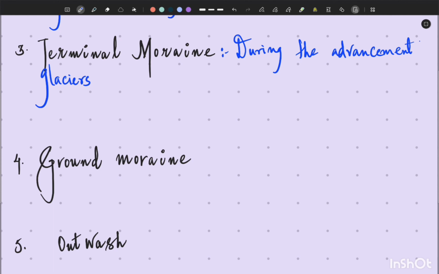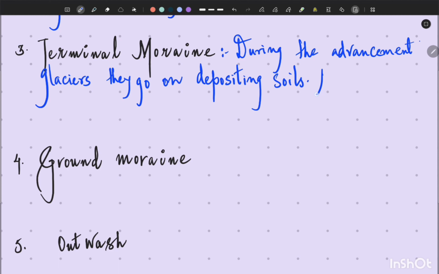During the advancement of glaciers, they go on depositing soils, and at the terminus, when the melting glacier drops the material in the form of ridges, that is known as terminal moraine.